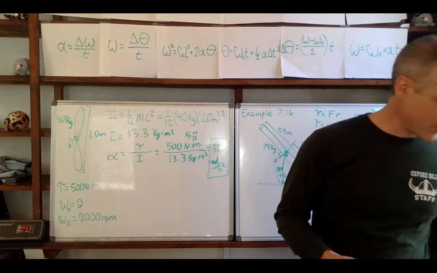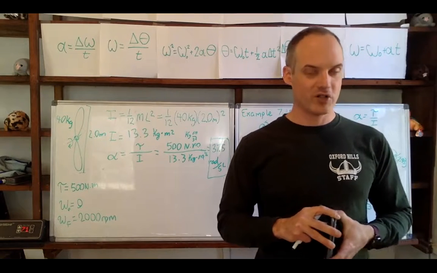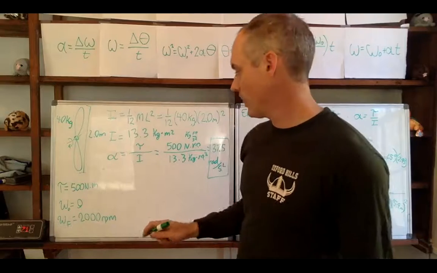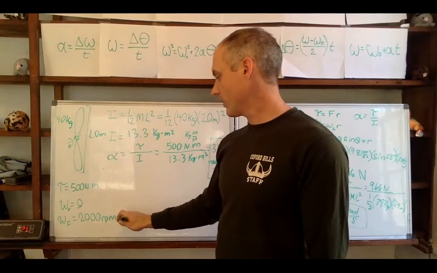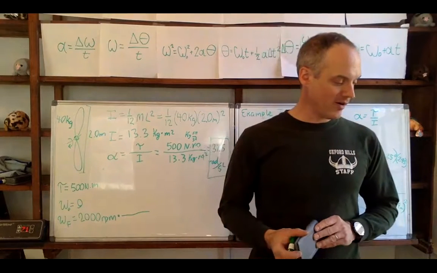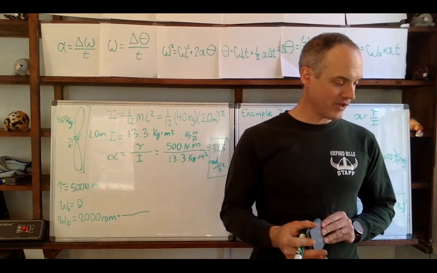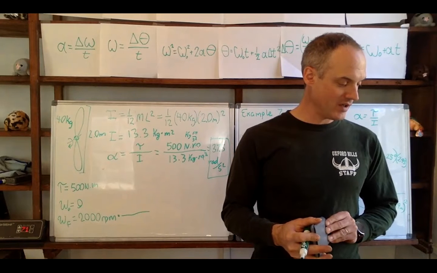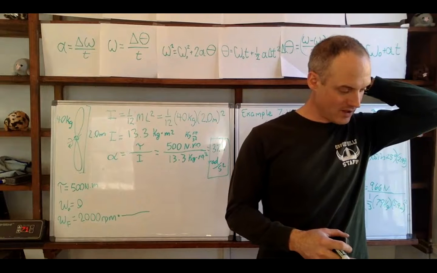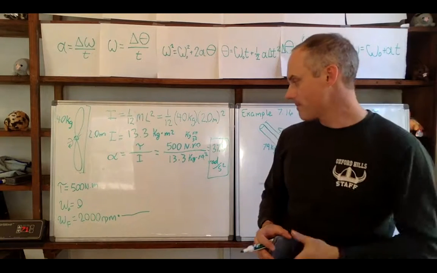All right, so that's not the final result though, because what we're looking for is to see, using that acceleration, how quickly it's going to get to its operational speed of 2,000 RPM. So let's do a quick conversion to get it out of RPM. 2,000 RPM is equal to 33.3 revolutions per second.